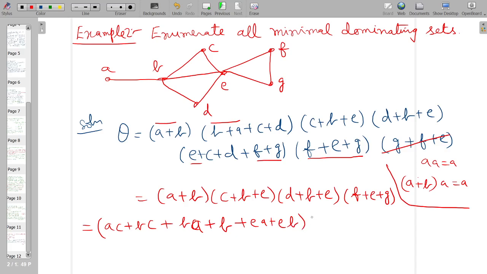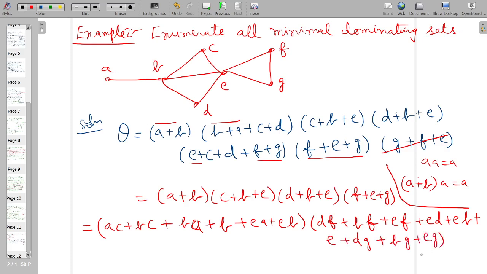And similarly here I will have DF plus BF plus EF plus ED plus EB plus EE plus DG plus BG plus EG.